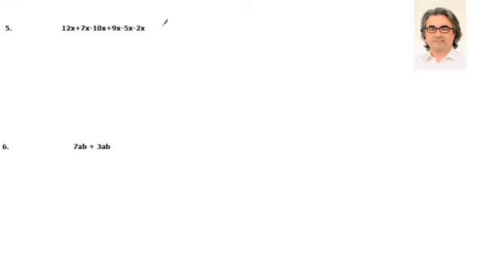Oh, more than 3 terms here I have. Let's count it. 1, 2, 3, 4, 5, 6. I have 6 terms and operations are addition and subtraction. These are like terms, as you see. So let's start from the left side and make the operation between the first 2 terms.